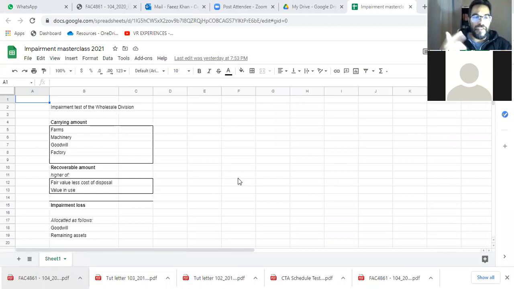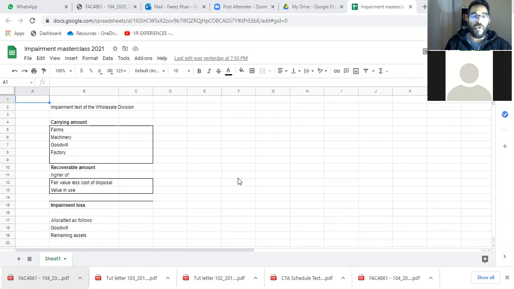So we will do that, and then as we go along, we'll determine the carrying amount of the farm, the machinery, and goodwill. Goodwill's carrying amount was given, so we can just plug it in, and then also determine the carrying amount of the factory. Just to remind you that the factory is a corporate asset.